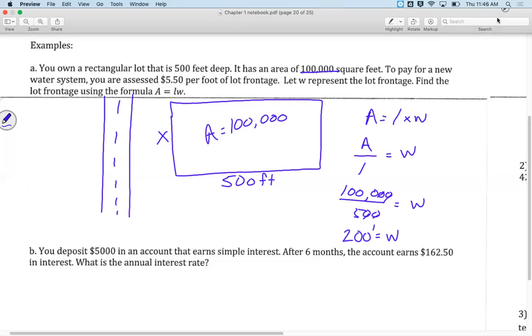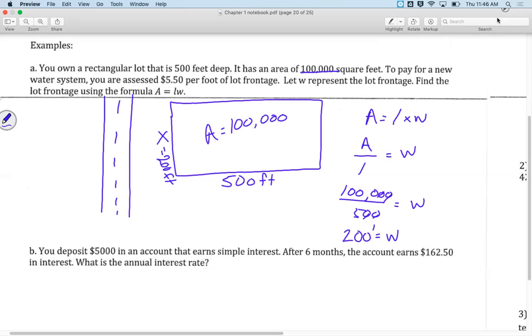Now, do you know what that little tick mark means? Feet. Do you know what two little dashes mean? Inches. One means feet, two of them would mean inches. So we have my lot frontage as 200 feet.